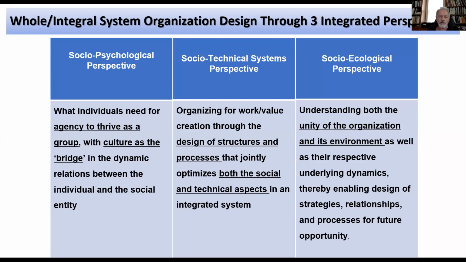I did have a question. It's about the use of the prefix socio in front of each of these. I understand that the first column represents the individual and the group interface, and so the socio-psychological makes sense.